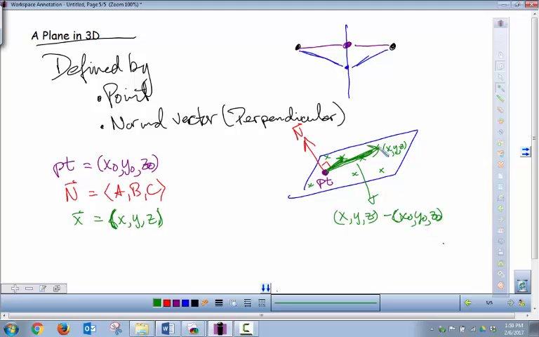Now, regardless of what that x, y, z is, if it is on the plane, then this whole vector is on the plane. And if this vector is on the plane, then it has to be perpendicular to the normal vector.